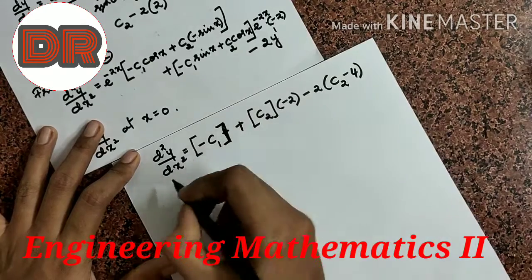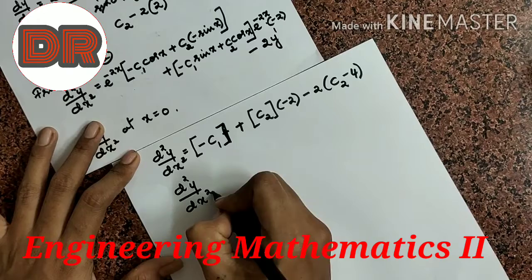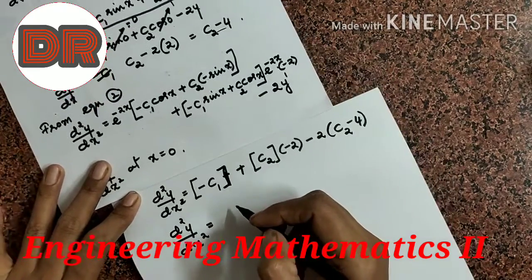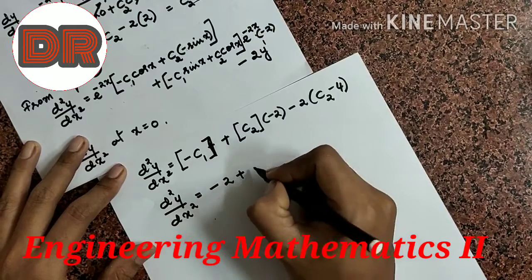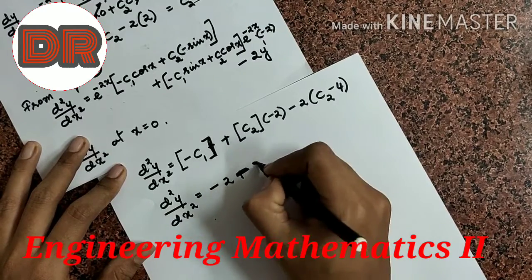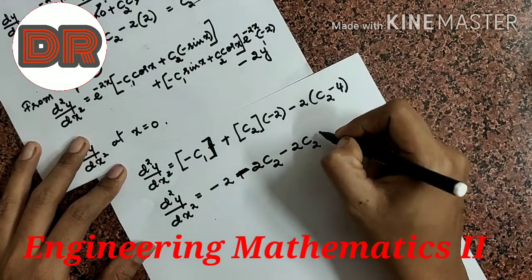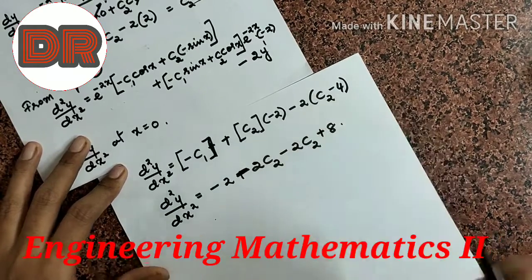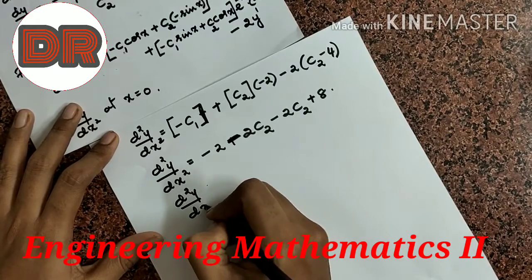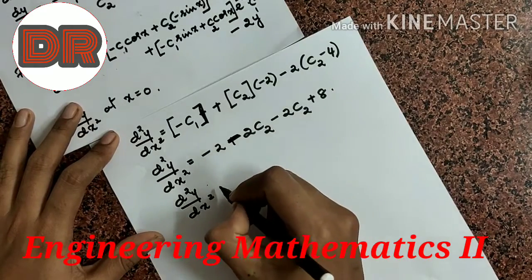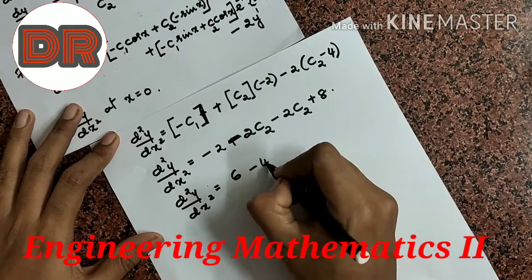So I can again substitute. d square y by dx square is equal to, c1 we already got, that is 2. So it is minus 2 plus, or sorry, minus 2c2 plus 8. So we have d square y by dx square is equal to 6 minus 4c2.